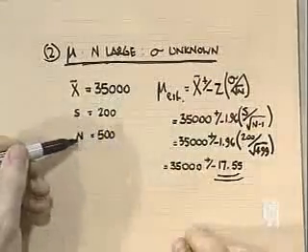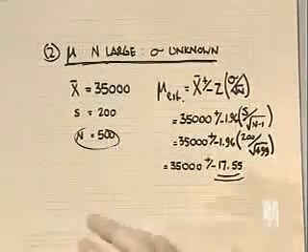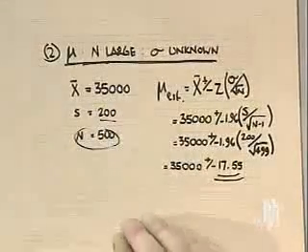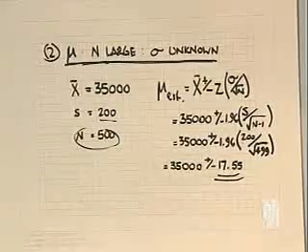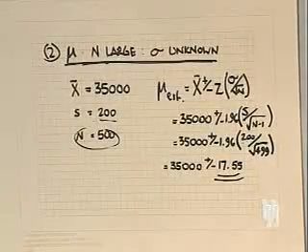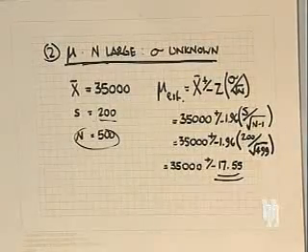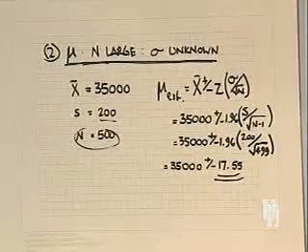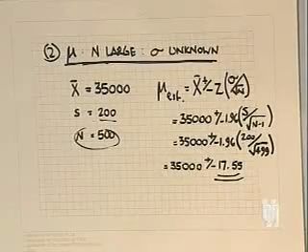If you were to select a sample, what this says is that this sample of 500 incomes are very homogeneous. They're very similar to one another.